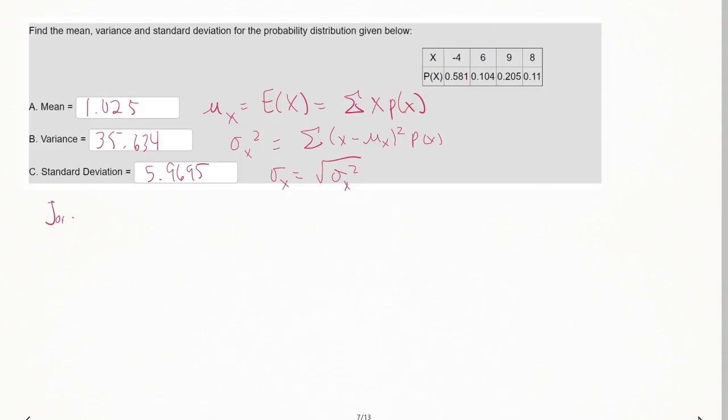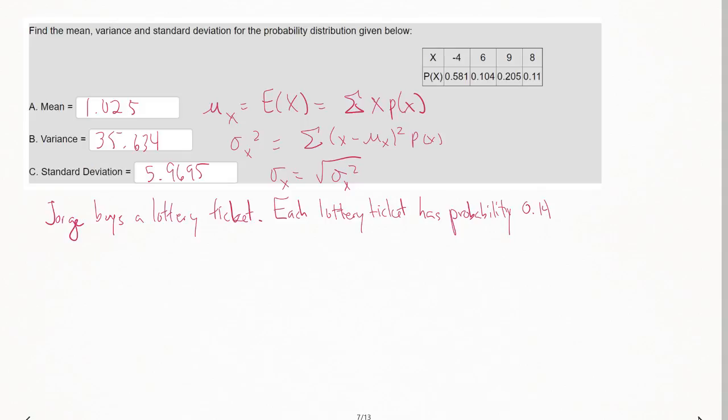So here's the question. Jorge buys a lottery ticket, and each lottery ticket has probability of 0.14, so 14% chance of winning a prize.